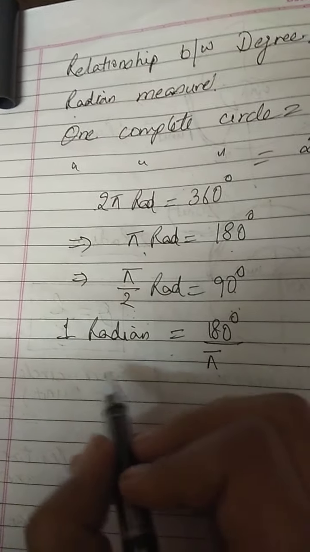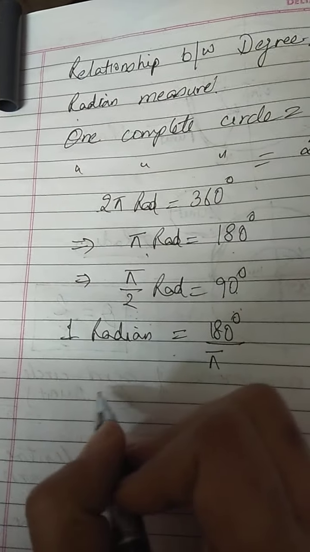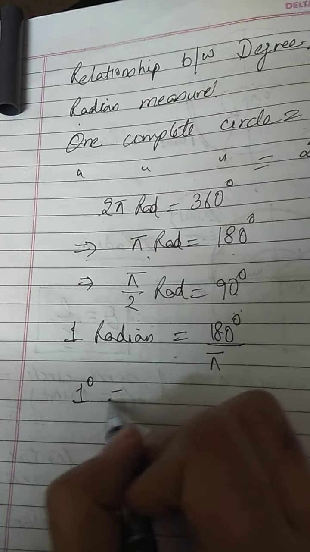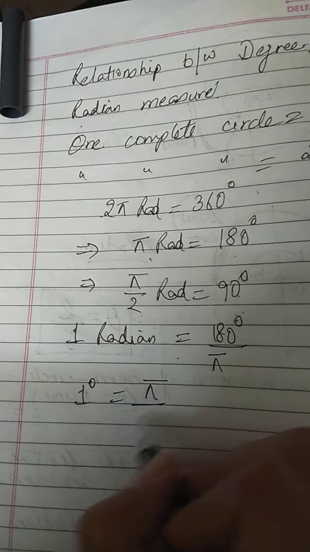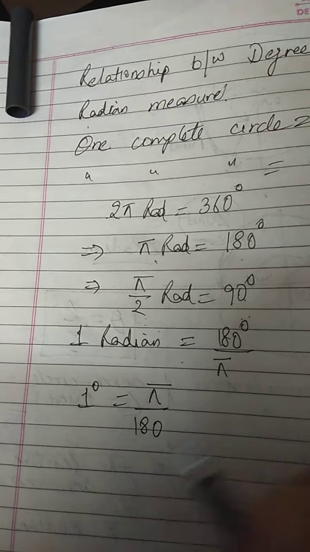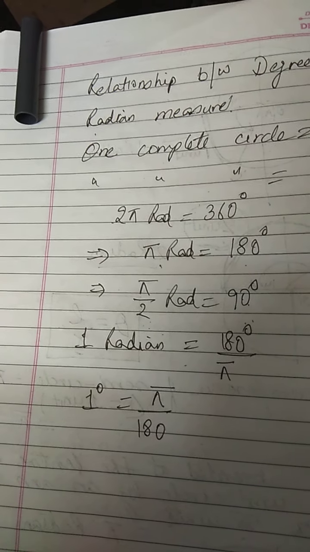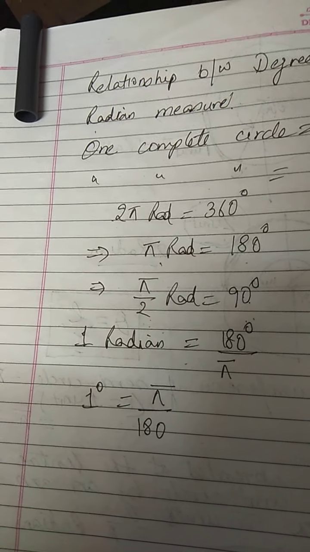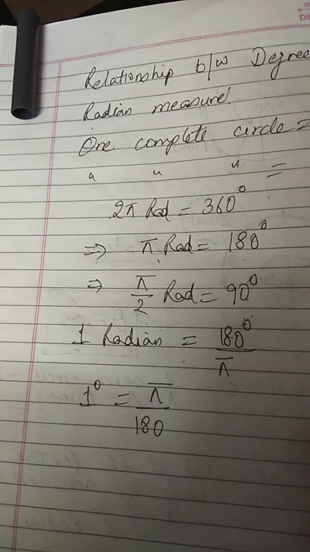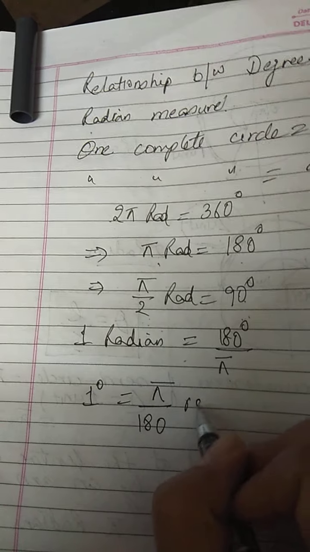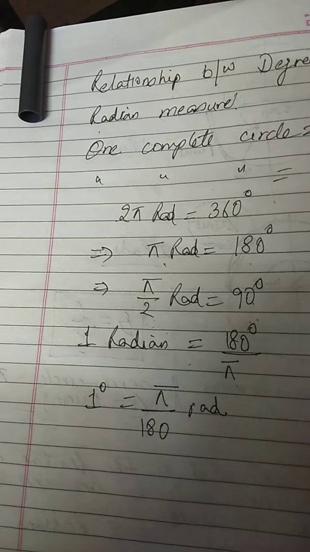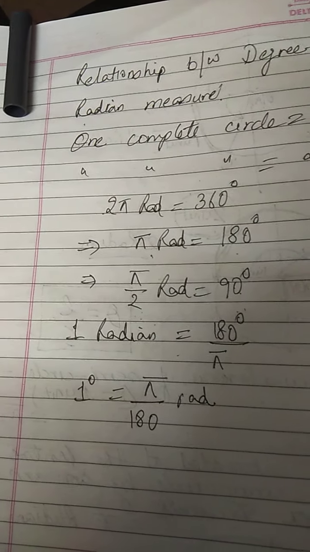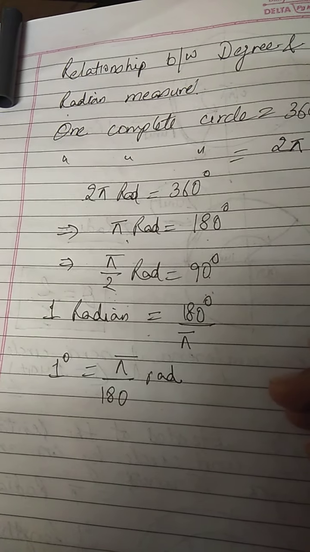And 1 degree will be equal to pi upon 180 radians. So 1 radian is 180 degrees upon pi, and 1 degree is pi upon 180 radians, because radians were here and degrees are here, and the values are already calculated.